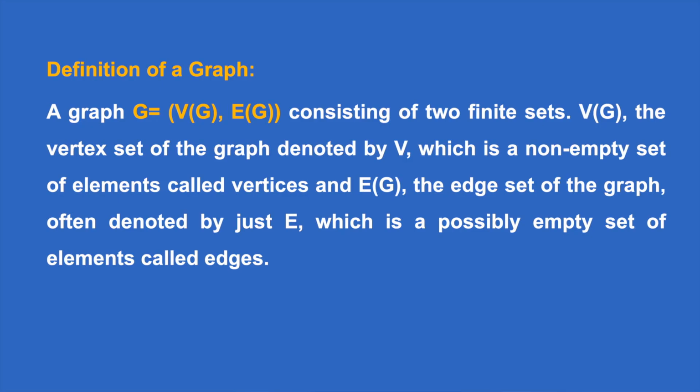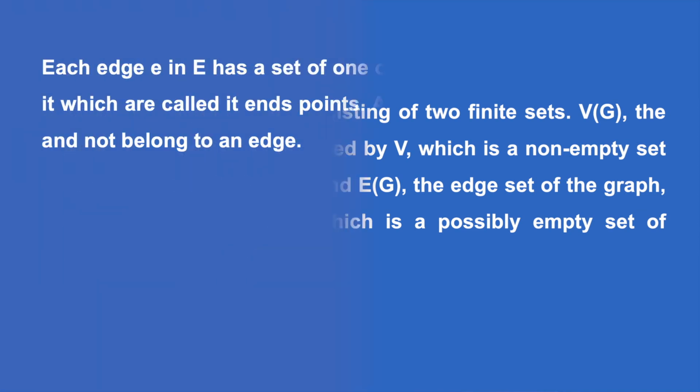Let us now see the definition of a graph. A graph G is equal to (V(G), E(G)) consisting of 2 finite sets. V(G), the vertex set of the graph, often denoted by just V, is a non-empty set of elements called vertices, and E(G), the edge set of the graph, often denoted by just E, is a possibly empty set of elements called edges.